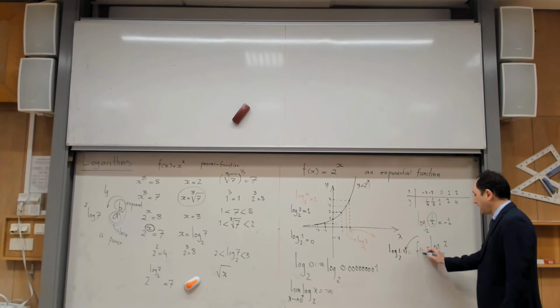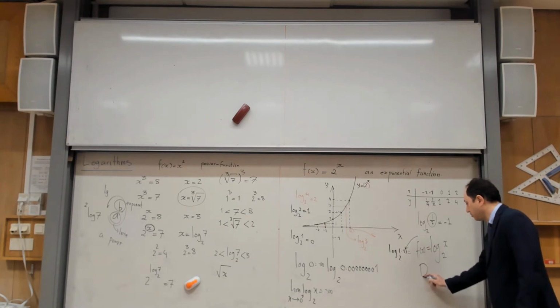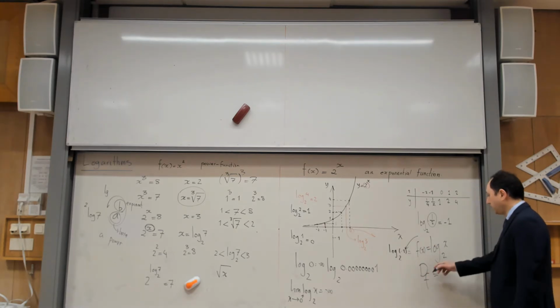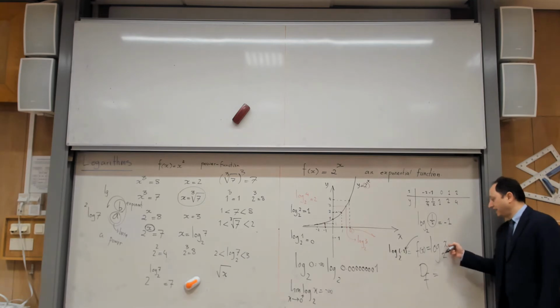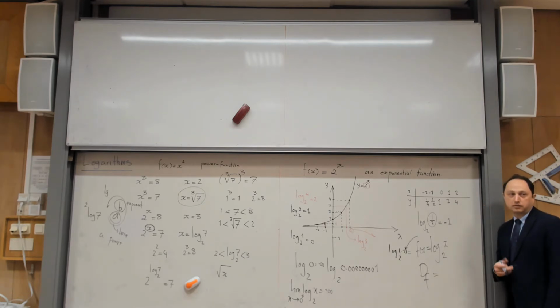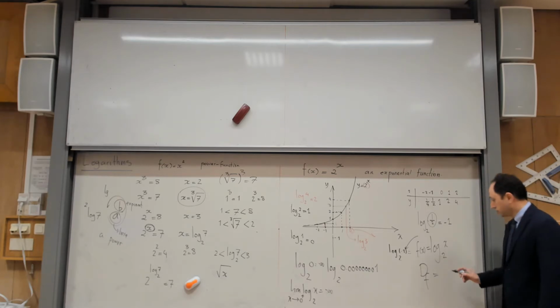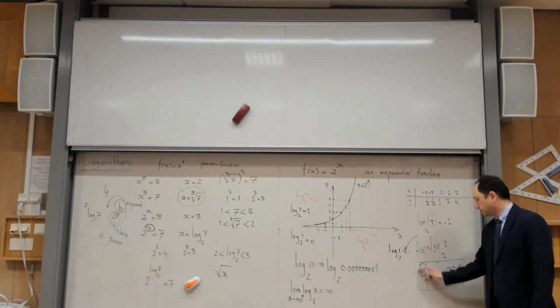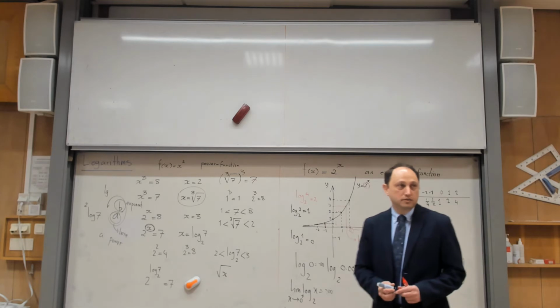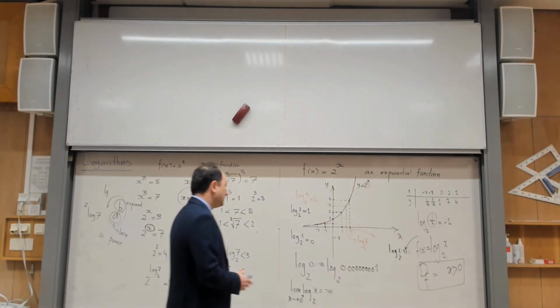Now I'm asking you, can you tell me the domain of the function? The domain of the function is the possible values that I can put in. What is it? Anything over 0. Is 0 included? No. So you would say that x greater than 0 is the domain of this. Okay.